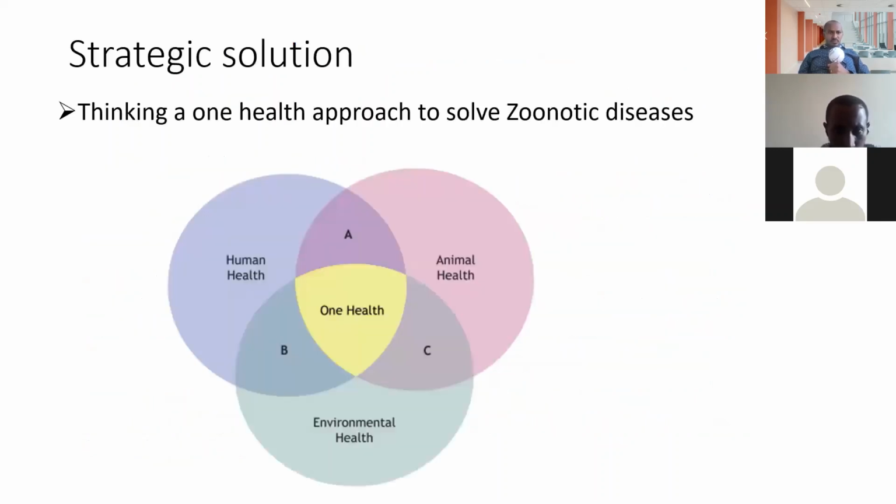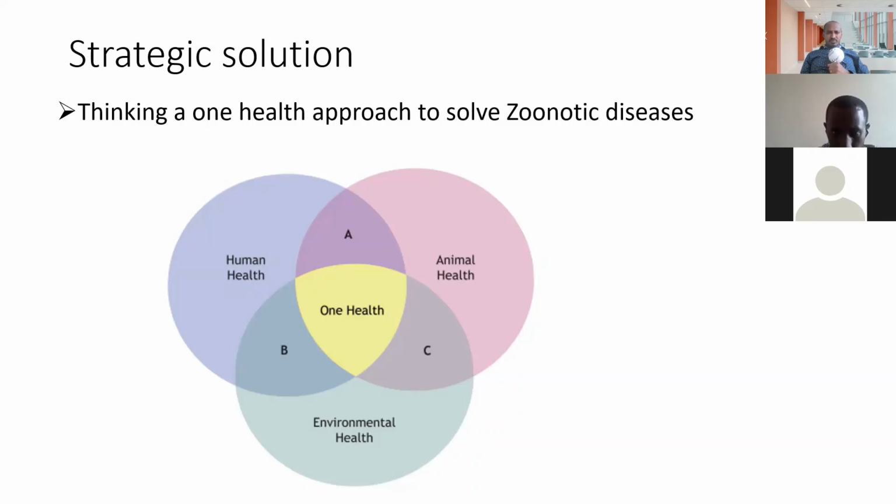So with that, what could be the possible solutions to combat those zoonotic diseases? What I'm thinking is that the best solution is the One Health approach. As you all know, the One Health approach is a multidisciplinary approach. Different professions are involved, mainly human, animal, and environment.